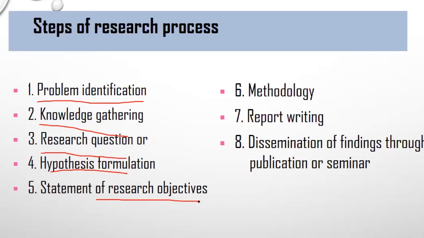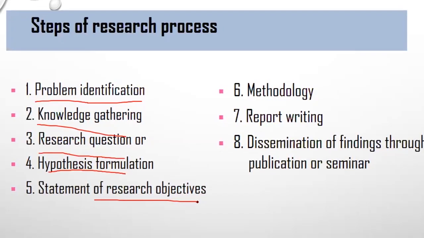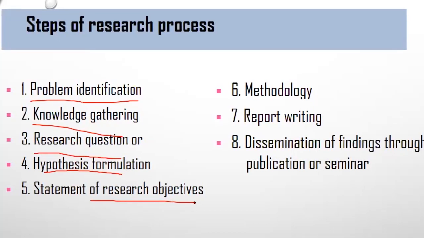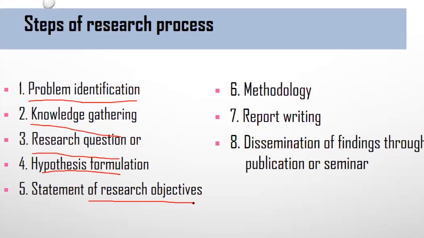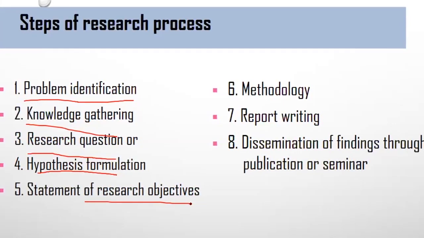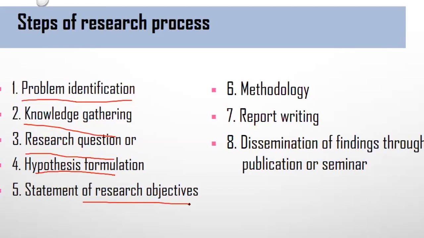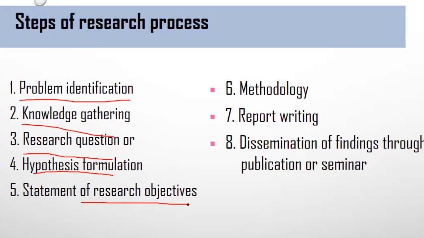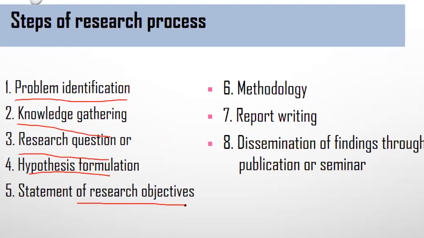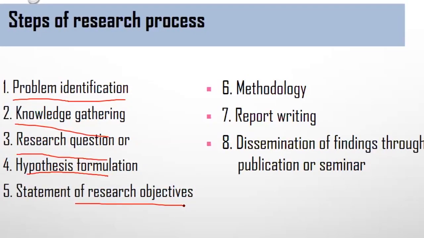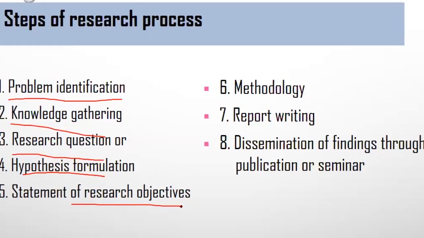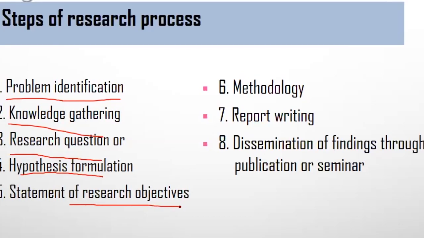Here the general objective is to determine the morbidity pattern. Mind it, to determine the morbidity pattern is, in summary form, the statement about what the researcher wants to know. And the specific objectives are actually the particular tasks that will be performed by the researcher doing the research work.